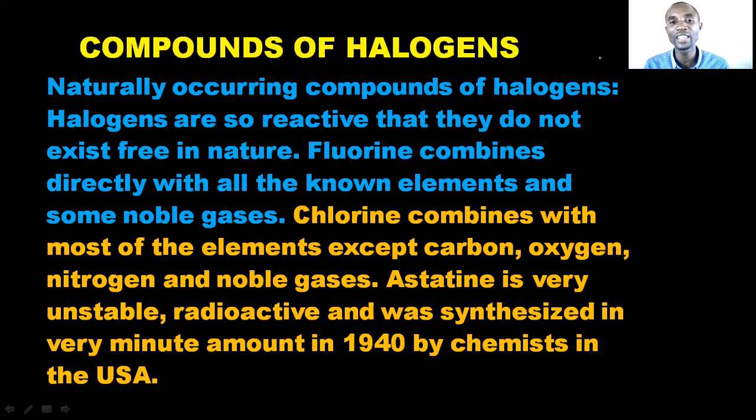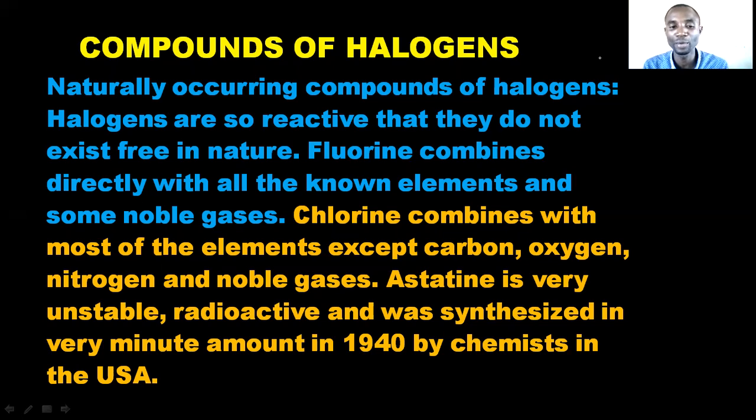Because halogens are very, very reactive, they do not occur free in nature, rather they occur in a combined state. Chlorine combines with most of the elements except carbon, oxygen, nitrogen, and noble gases.